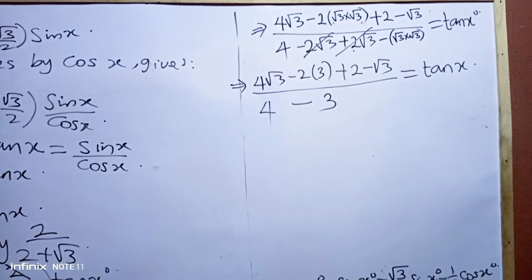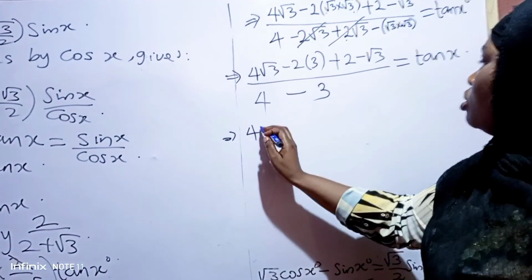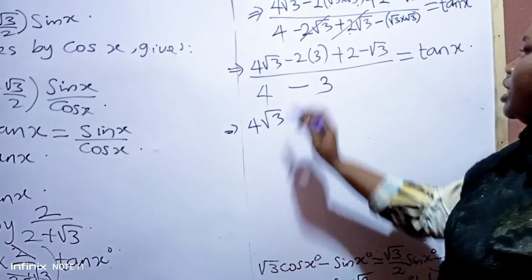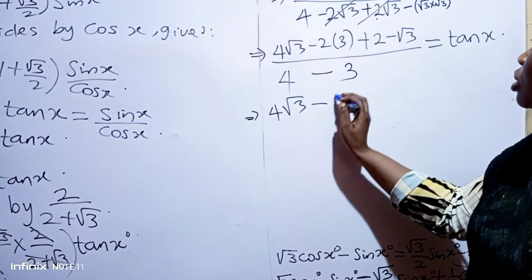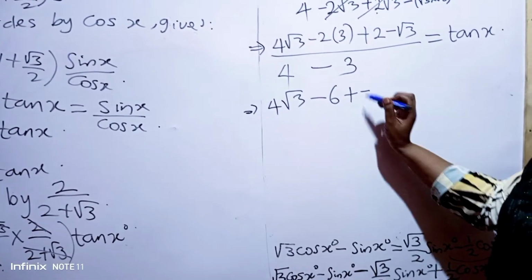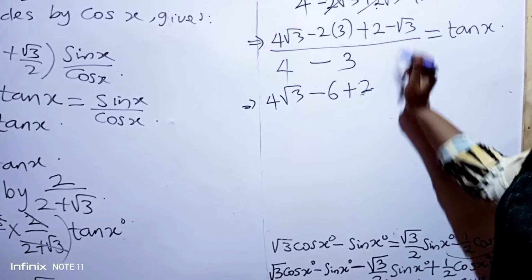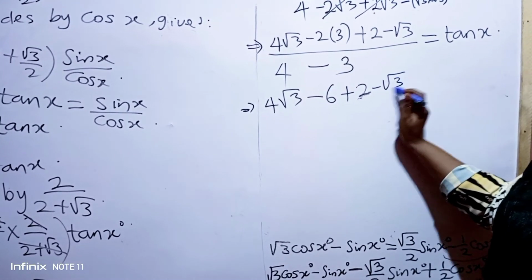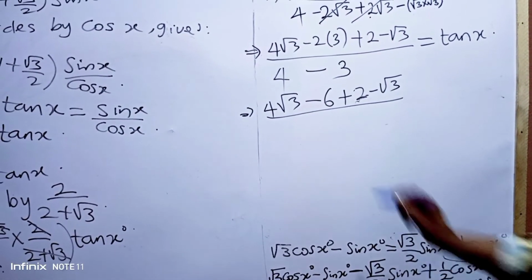So let's simplify the left hand side. So I have 4√3, then minus 2 multiplied by 3. It gives me minus 6. Then plus 2, then minus √3, everything over 4 minus 3 gives me 1.